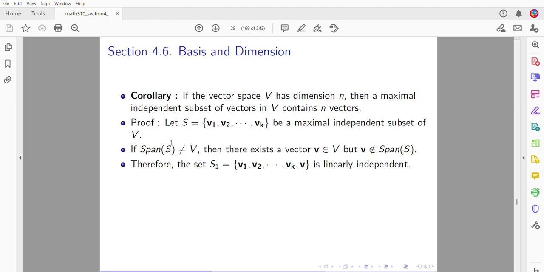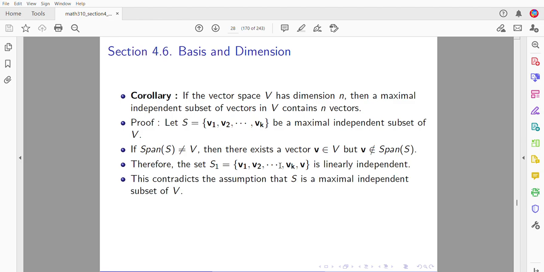So throw that vector v in a new set S1. Take your original S and add that new vector. This has to be linearly independent. Why? Because the first k were linearly independent and v was not in the span of these. That is, v is not dependent on the previous ones either.